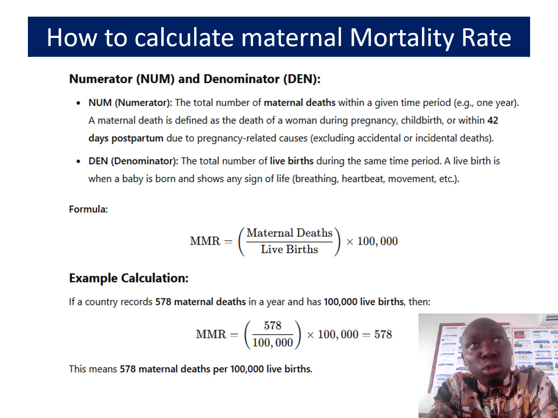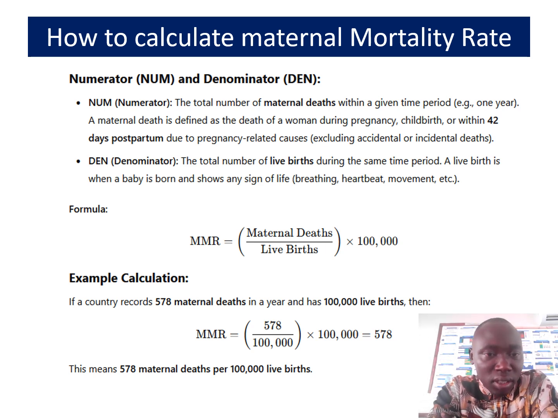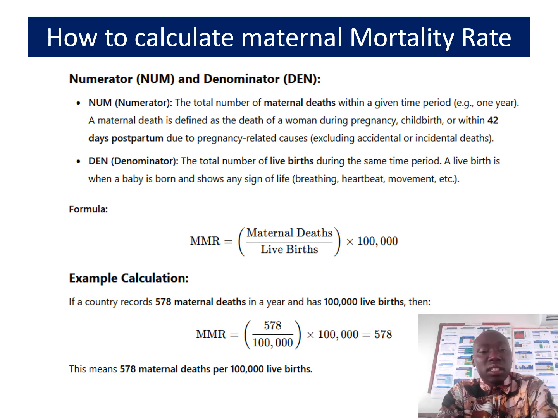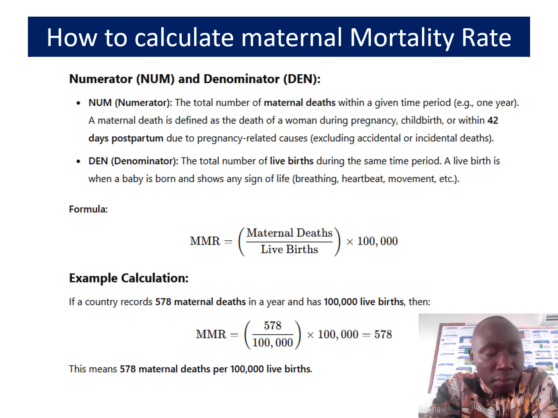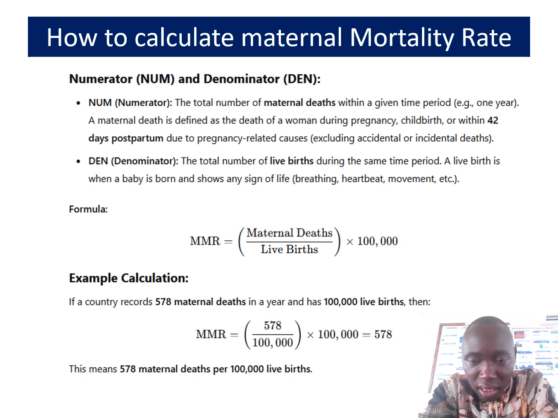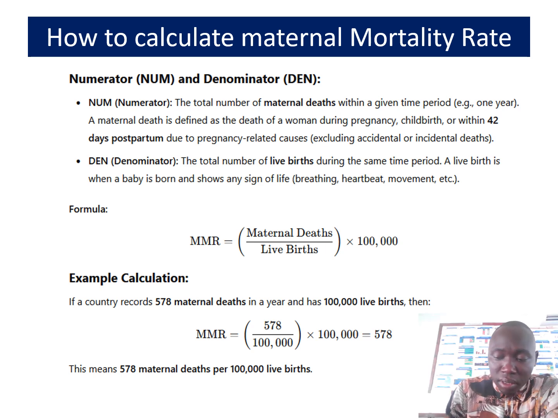My colleagues, I'm 100% sure, whoever has ever projected these maternal outcomes, there are people who always ask, you mean we have over 100 maternal deaths? Or we have 60 maternal deaths? No. This is the right time for you to know how to explain the 578 maternal deaths per 100,000 live births, and how it's calculated.